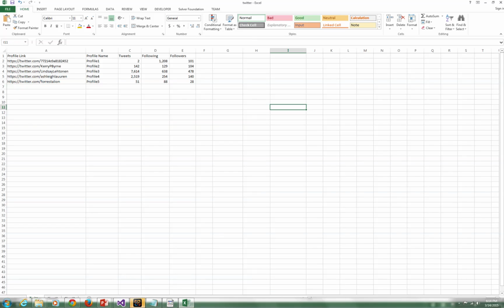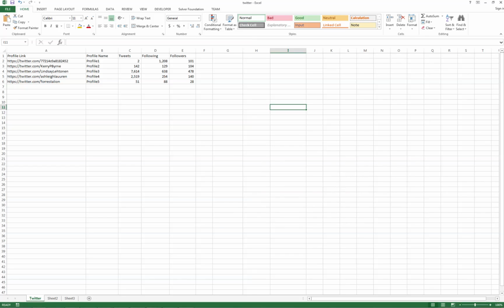Let's take the Twitter application for example. We have 5 profiles and 3 variables. The number of tweets and the number of following are the inputs, and the number of followers is the output.